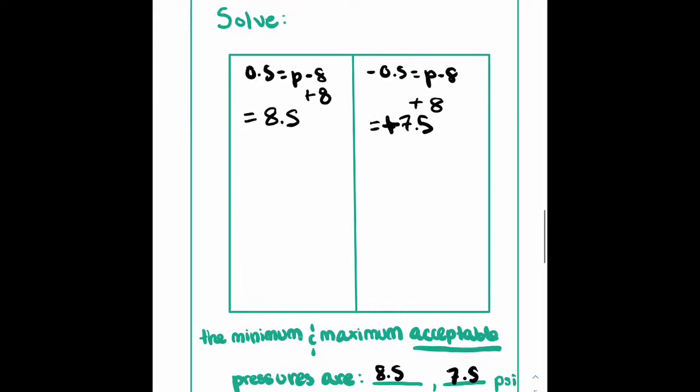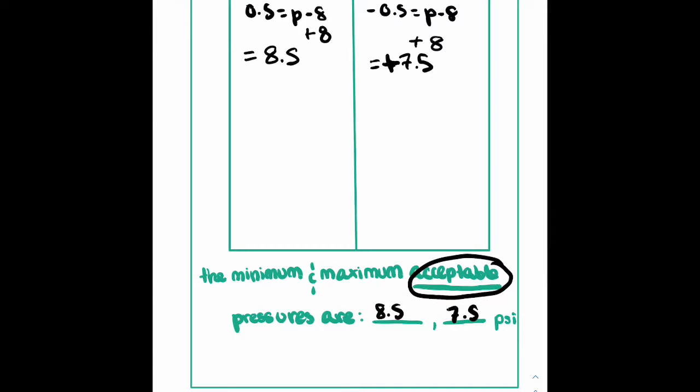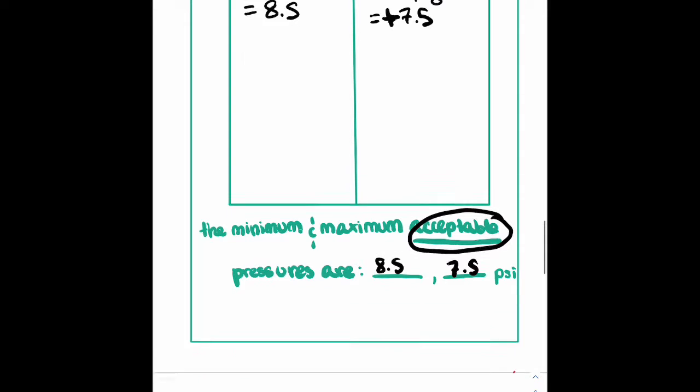Solve. Now we just have to solve. 0.5 equals p minus 8, plus 8 equals 8.5. Negative 0.5 equals p minus 8, plus 8 equals 7.5. The minimum and maximum acceptable values of air pressure are 7.5 psi and 8.5 psi.